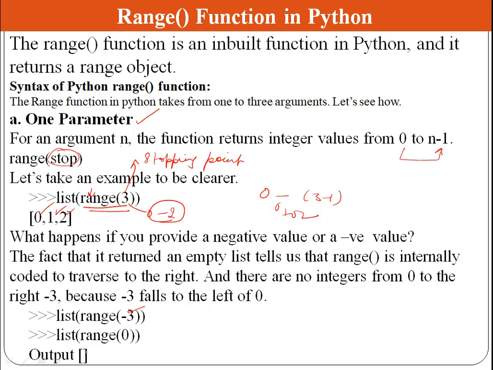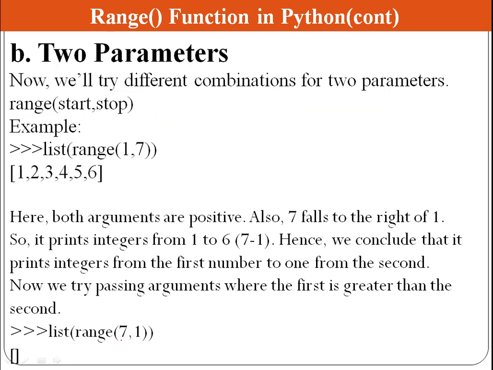Then if you are passing two parameters, what are their meanings? Here you have the starting point and the stopping point. You can see over here, this is the starting point, this is the stopping point. But here, when 7 is actually given, it will be n minus 1, it means 7 minus 1.